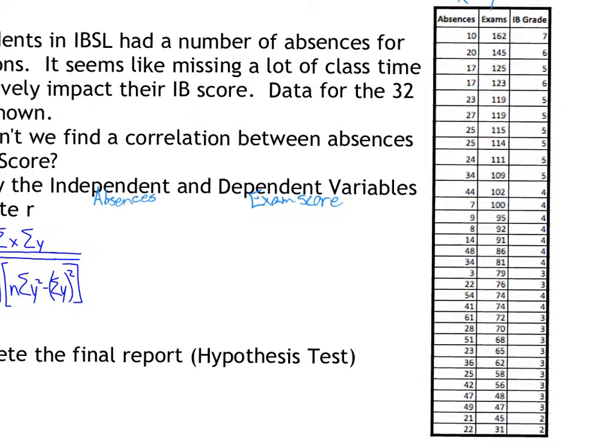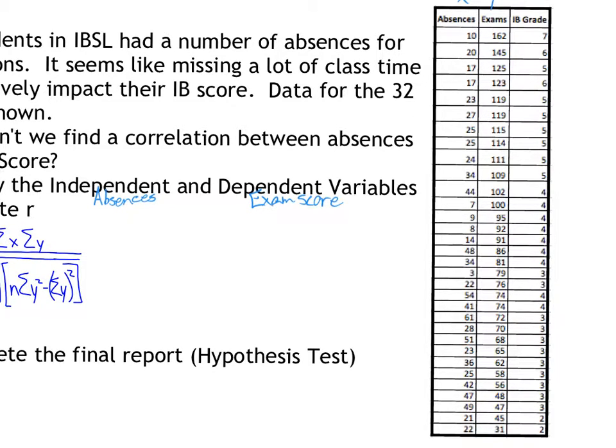No, this was 2 years ago. But anyways, there were a lot of different reasons. Some legitimate. There was one person who had kind of an extended illness, but regardless of the cause of the absences, we would expect the more absences you have, the lower your grade's going to be.